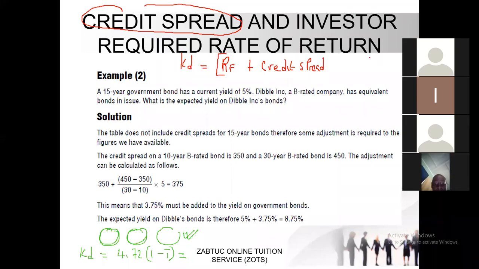So we take this, then you bring in 1 minus t. So as far as the advanced cost of capital is concerned, as far as your topic is concerned, advanced cost of capital.